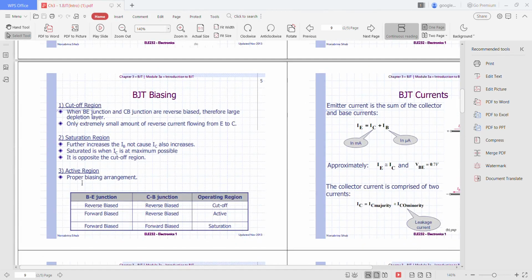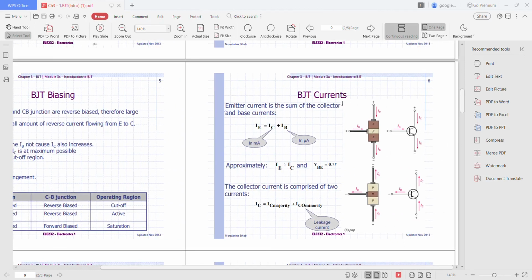So the third condition is the active region, the proper biasing arrangement. This is the condition for the BE junction, the CB junction, and also the operating region. So this is what will happen.